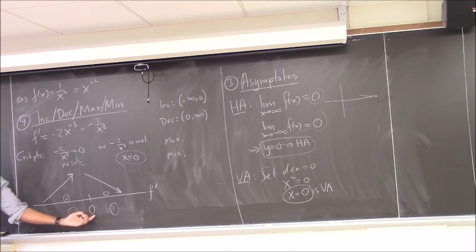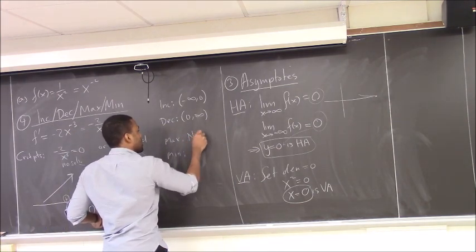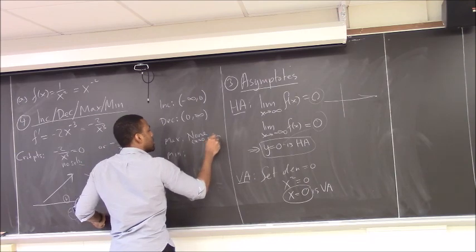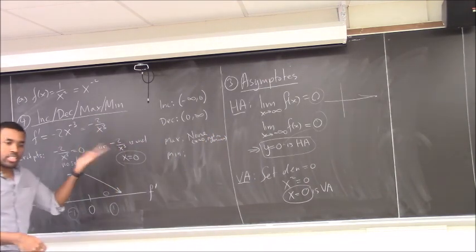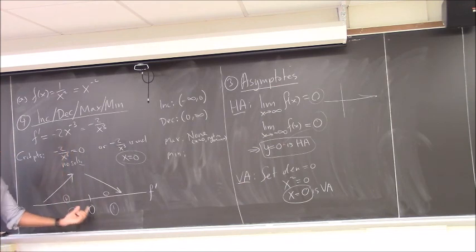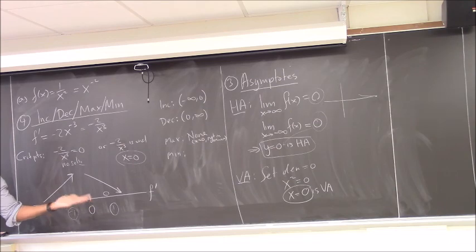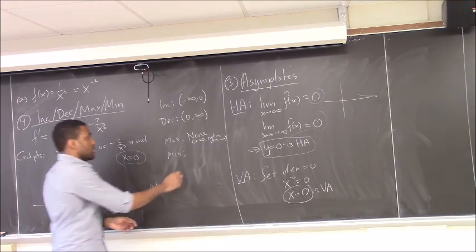But we know that it's actually not in the domain, so there is no max, because x equals 0 is not in domain. So that was the importance of step 1. If you do step 1 and you realize there are some points not in the domain, but they show up as answers to other parts, you can know that those don't exist because it's not in the domain. And obviously there's not even a candidate for the minimum here, so there's none either.